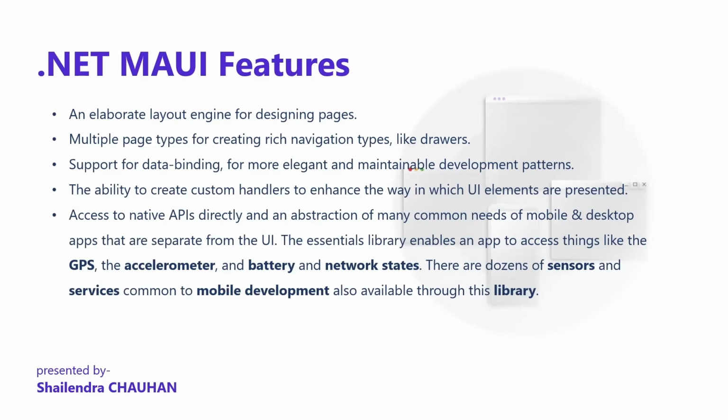The Essentials library enables an app to access things like the GPS, the accelerometer, the battery, and the network state. There are dozens of sensors and services common to mobile development also available through this library. So, this is all .NET MAUI offers.